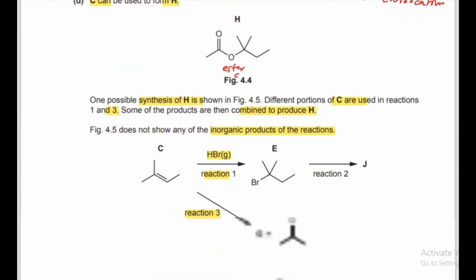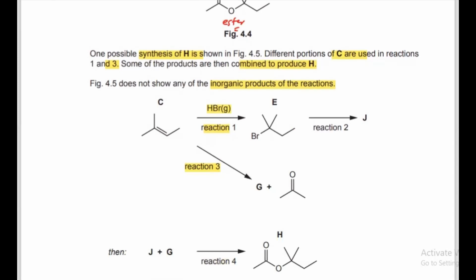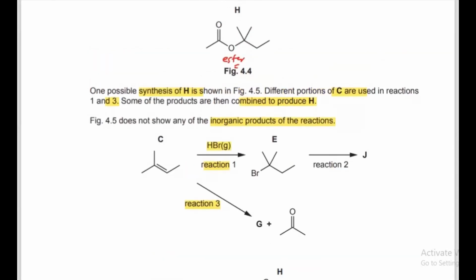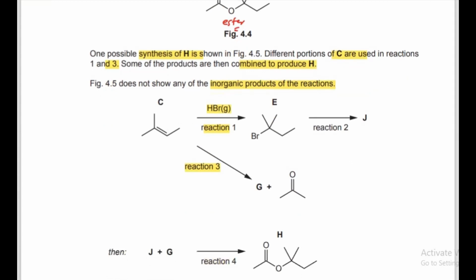Okay, let's see the reaction. Now C, if it reacts with HBr in reaction 1, we'll get this, and then this will react to form J, and then G plus this.